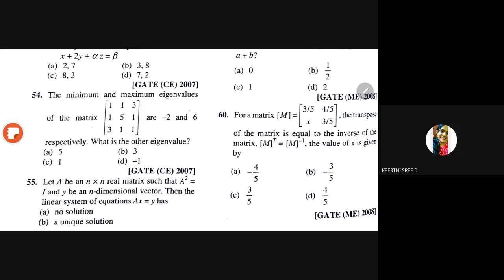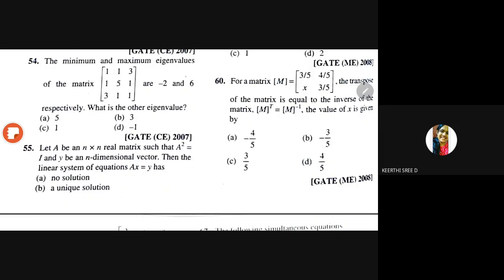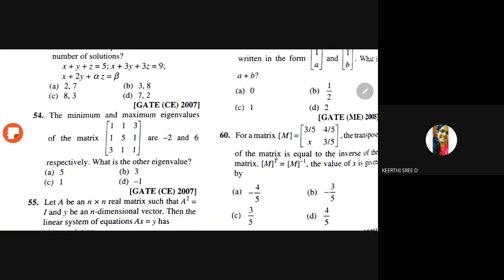Similarly, 55: A squared is equal to I. Let y be an n-dimensional vector. Then the linear system of equations Ax is equal to y has... Any idea?